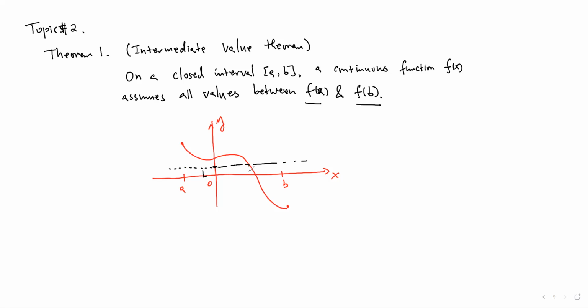So there is a point C where the function value at C is L. This is the meaning here: a continuous function assumes any value between the function value at A and the function value at B. Fundamental theorem from calculus 1.